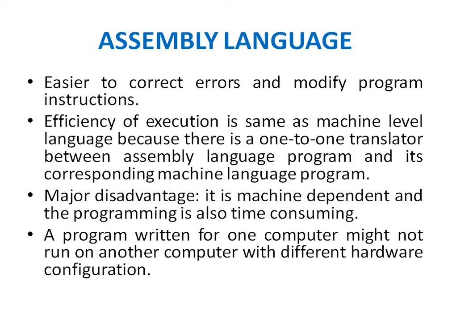One of the major disadvantages of assembly language is that it is machine dependent and the programming is also very time consuming. A program written for one computer might not run on another computer with different hardware configuration.